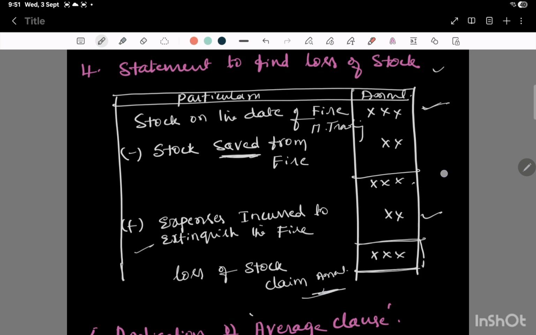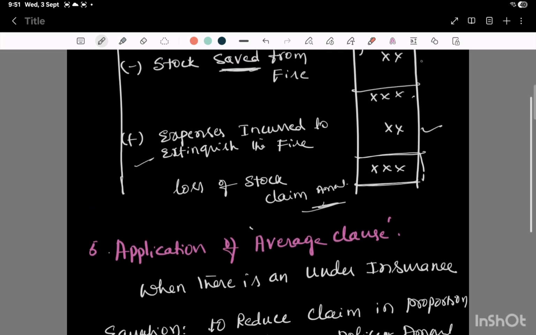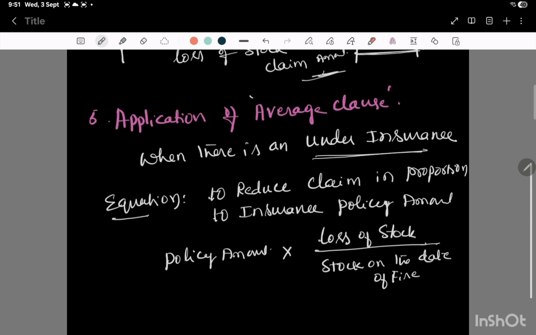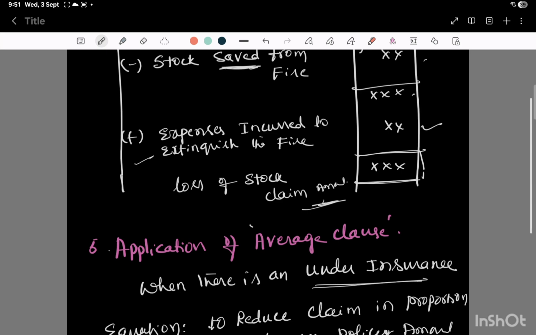But sometimes your insurance money may be less than the stock you had in the godown. That's what we call under insurance. When there is under insurance, you are going to reduce your claim amount proportionately to the amount of stock you had in the godown at the time of the fire accident.